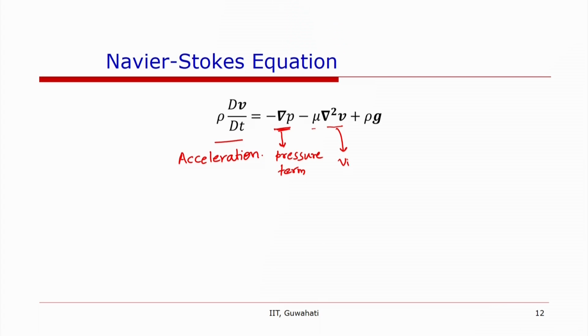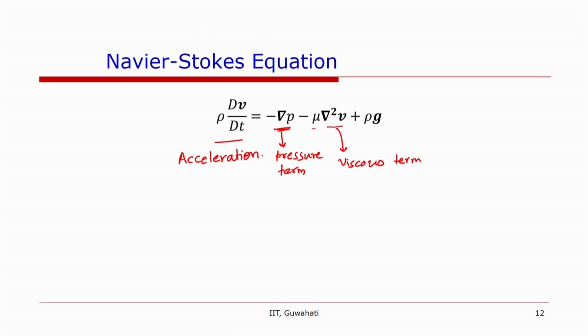This is called the viscous term, and as we know, viscosity is also diffusivity, or momentum diffusivity. Because of the viscous properties of the fluid, the momentum is diffused in the fluid or between two fluid layers. So it can also be called the diffusion term.